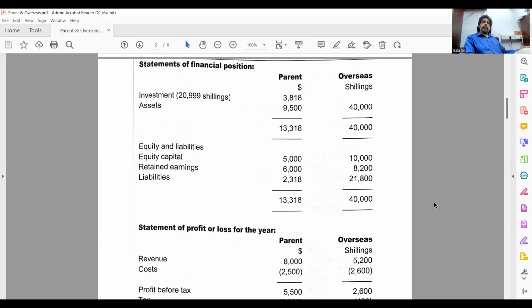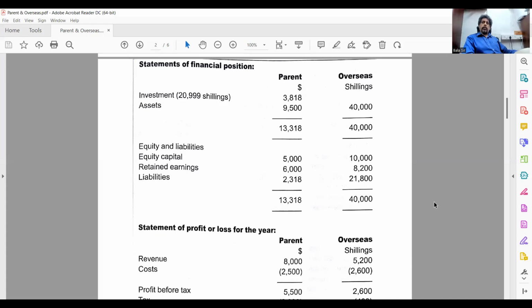Then assets: parent $9,500, then Overseas 40,000 shillings. Then equity and liabilities. Equity capital $5,000 for parent and 10,000 shillings Overseas. Then retained earnings $6,000 parent and 8,200 shillings Overseas. Then liabilities $2,318 and 21,800 shillings Overseas.